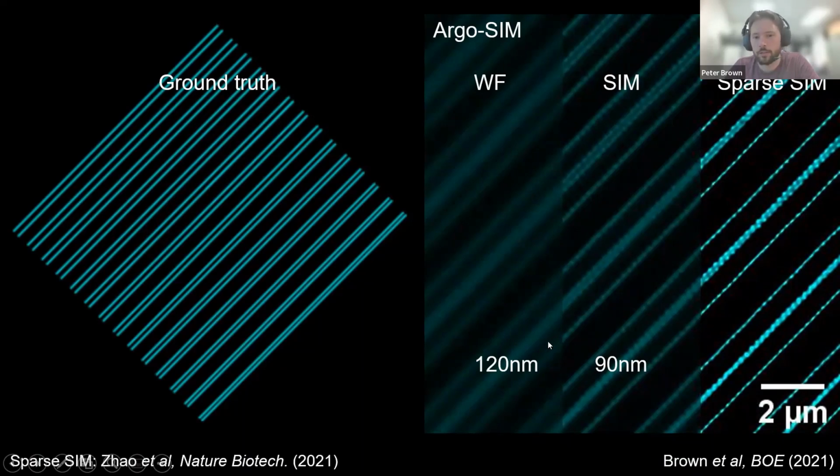If you look at these in wide field, here we're looking at lines that are separated by 90 nanometers, 120, 150, and so on and so forth. We're unable to resolve the separation in wide field, but once we perform SIM, we can nicely resolve about down to the line pair that's separated by 120 nanometers, which is on the order of the expected SIM resolution for our particular instrument.